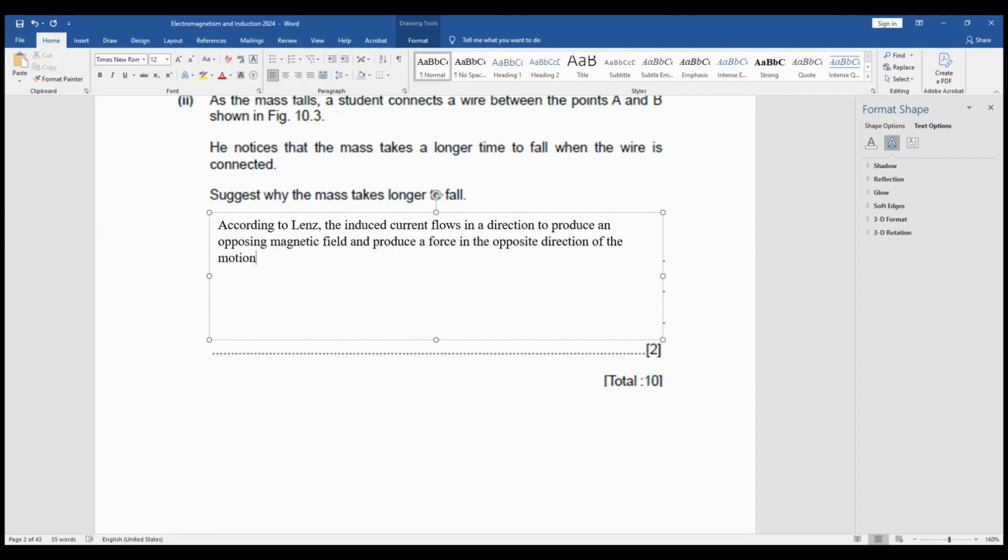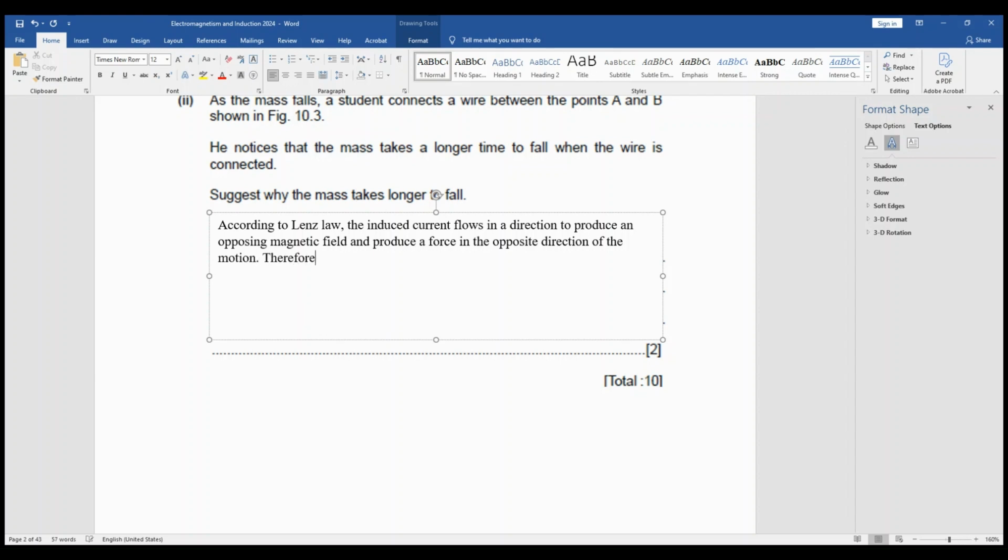Okay, but it's 2 marks. Even according to Lenz's law, I must say why it takes longer, because it's rotating, so it's a moment.